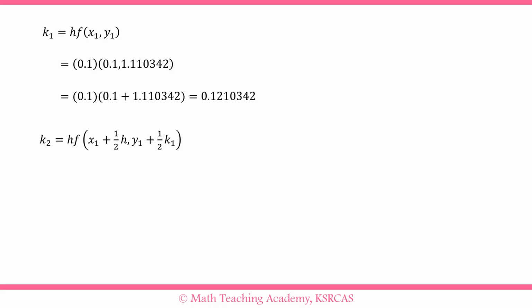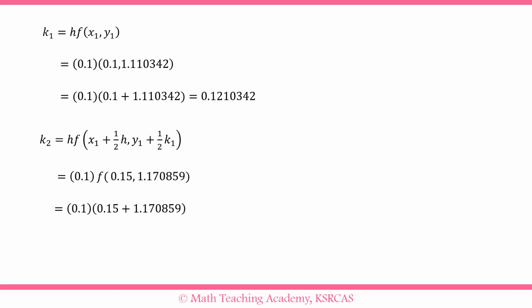Next K2. So K2 equal to formula h into f of x1 plus h by 2 comma y1 plus k1 by 2. Now substituting the value, h value 0.1 into f of x1 plus h by 2 is 0.15 comma y1 plus k1 by 2 is 1.170859, equal to 0.1 into, this is the form of f of x comma y.